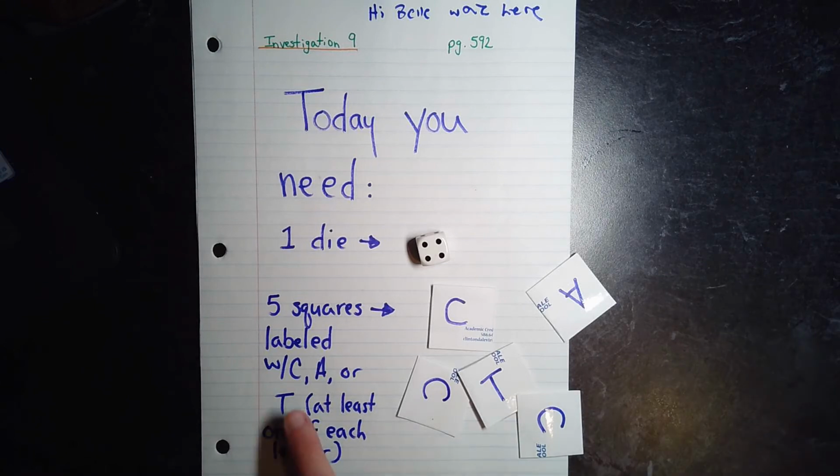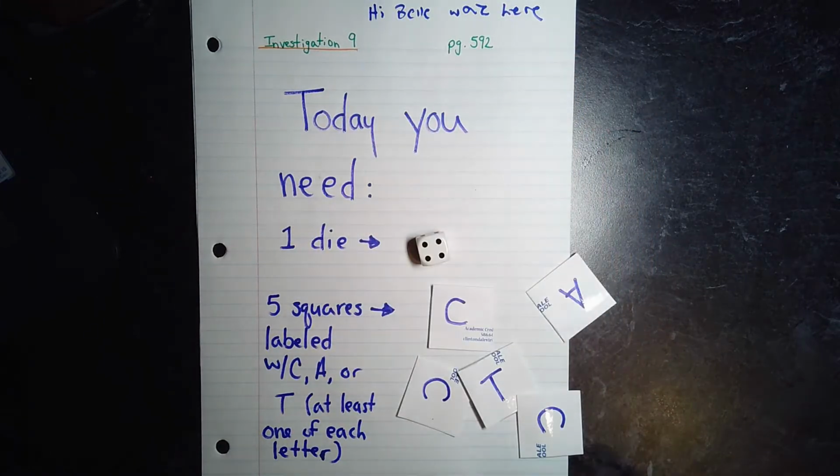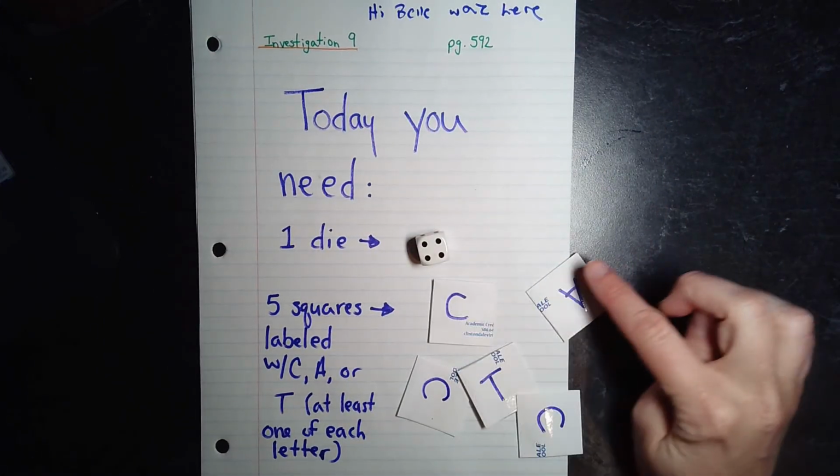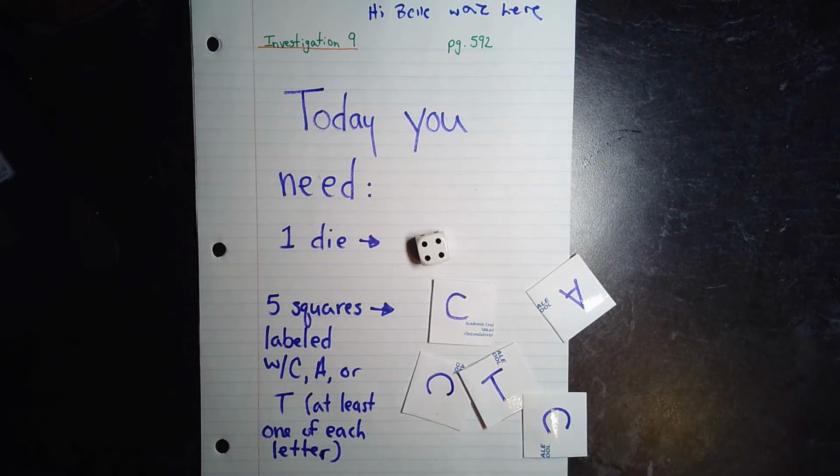There are 5 of them, and you need to have at least 1 C, 1 A, and 1 T. The other 2 you can label however you want. I chose to do 2 C's. Go ahead and pause the video, gather those things, and restart when you are ready to continue.